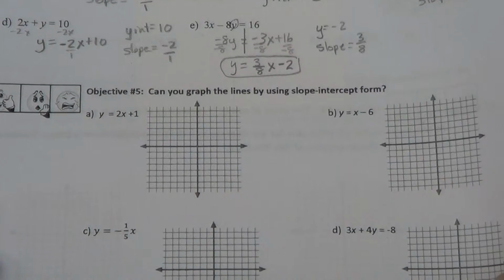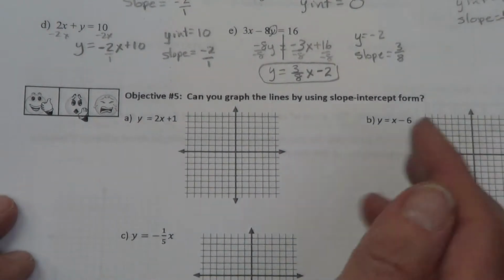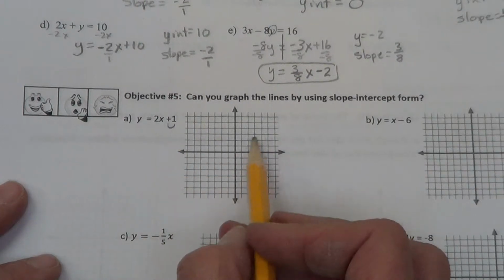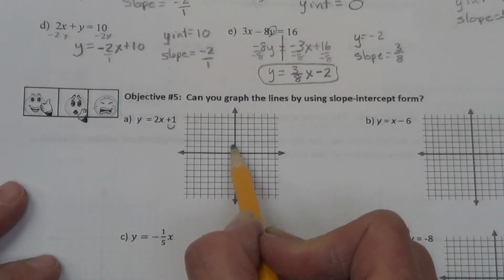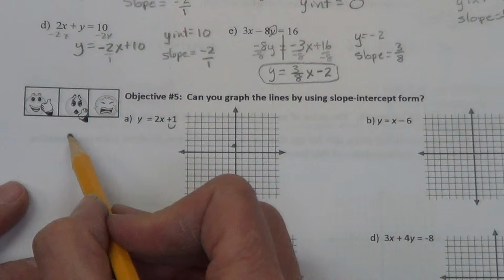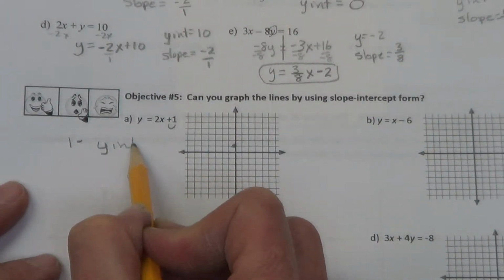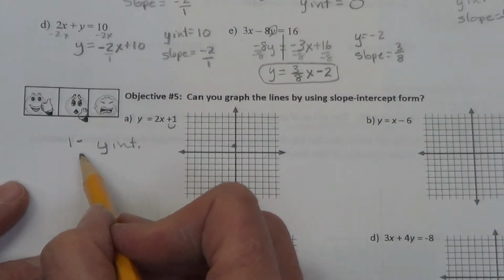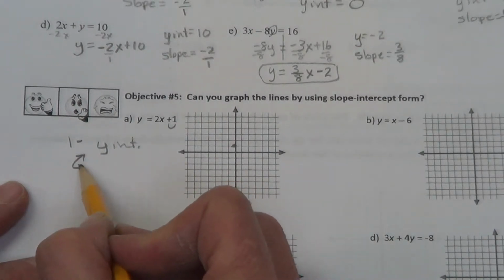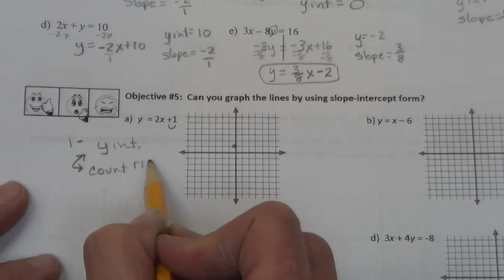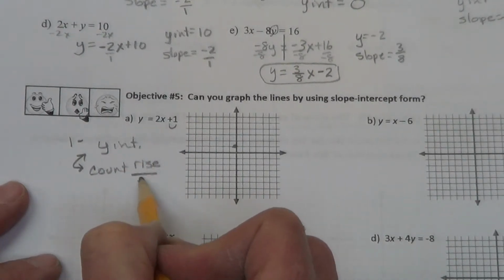Now we want to graph this. Same process as we did a minute ago. We find the y-intercept first. Go to positive 1. So first step is the y-intercept. From the y-intercept, count your slope, which is your rise over run.